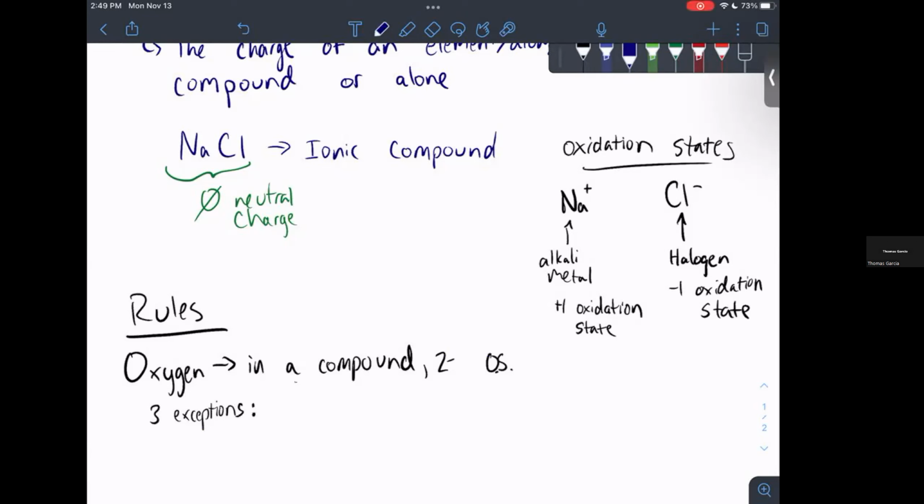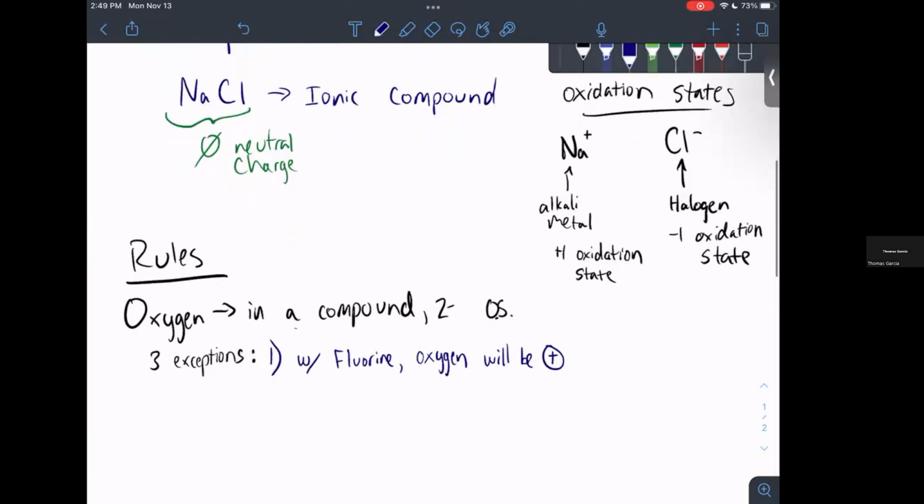The first one being with fluorine. With fluorine, oxygen will be positive. And we'll explain that in a moment. The second one is in H2O2, hydrogen peroxide.